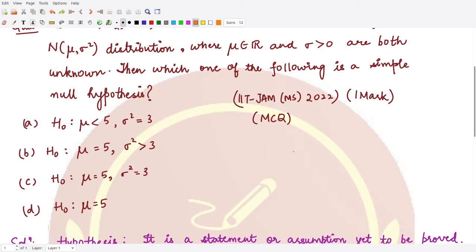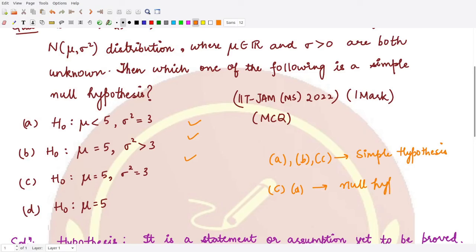So having defined these things, if you look at your options here, what is the simple and null hypothesis? So all are defined by H0, right? So which one of them has both mu as well as sigma? So we have options A, B, C. So options A, B, C, they are simple hypotheses, right? Whereas option C here and in fact option D here, they are the null hypotheses.